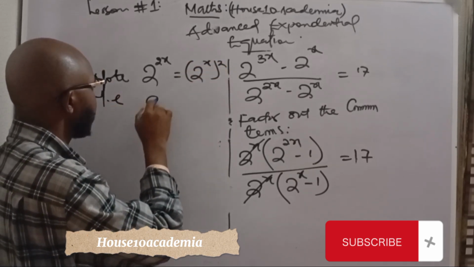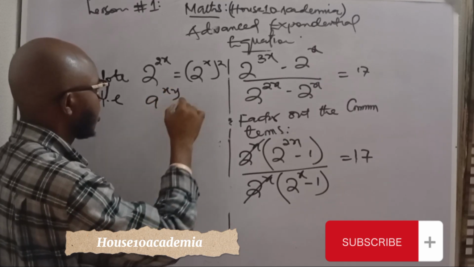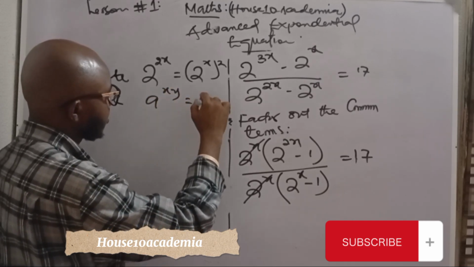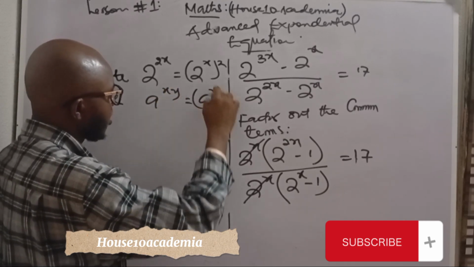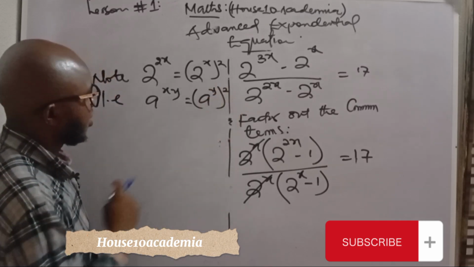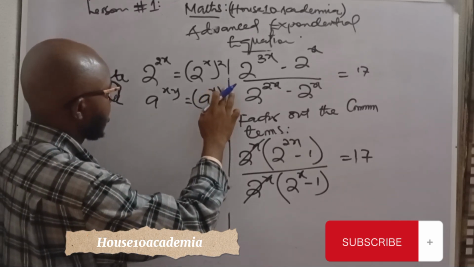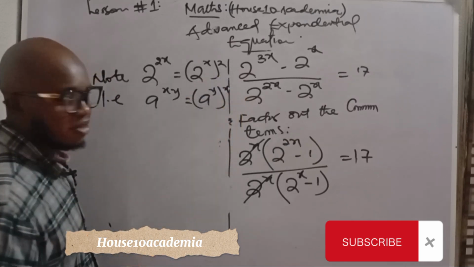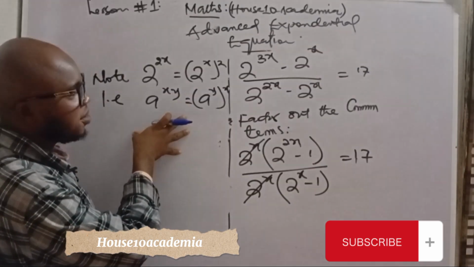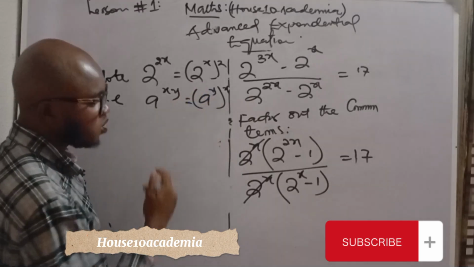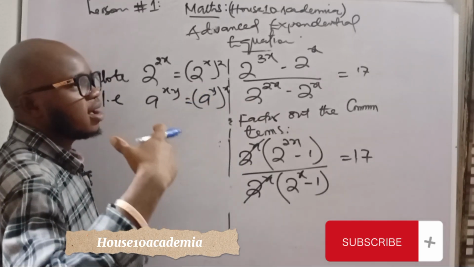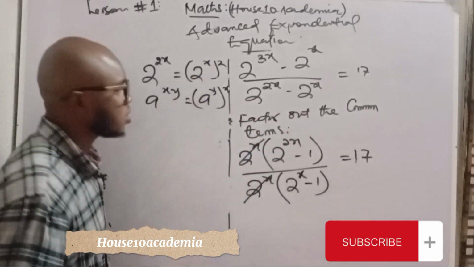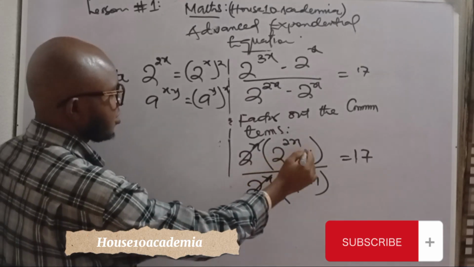That is, a^(xy) is equal to (a^y) raised to power x, just like what I explained before, that this will be guiding us in solving this. So this is a difference of two squares, because when you have 4 raised to power 1 raised to power 4, it still gives us 1. So here, this is a difference of two squares.